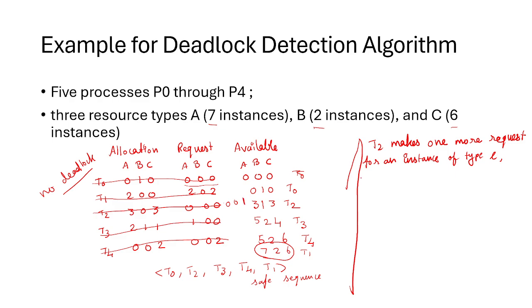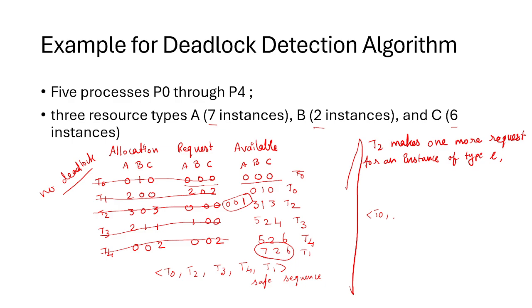Now there is a deadlock, we see. So again you start; this is the original available, and this is the new request of T2. Start with T0. For T0 there is no issue.